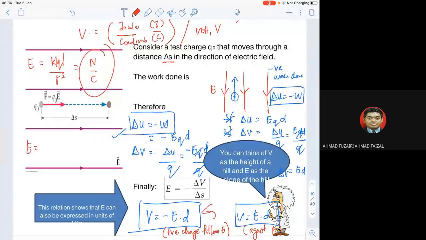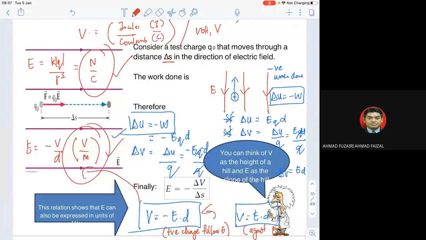We can rearrange this equation to become E equivalent to negative V per d, where V is in volt per meter. So there are two different units for E: newton per coulomb, and volt per meter. There are two different units for electric field, but both are electric fields.